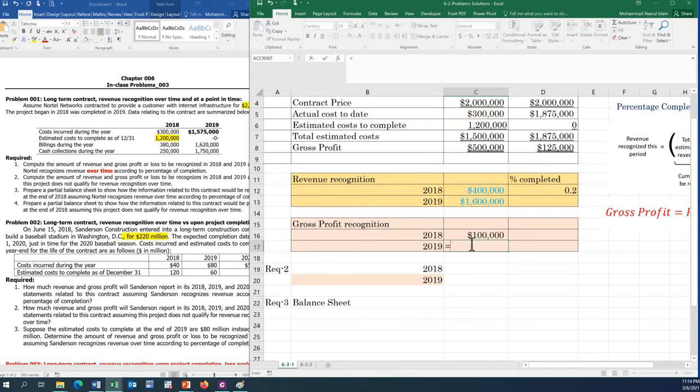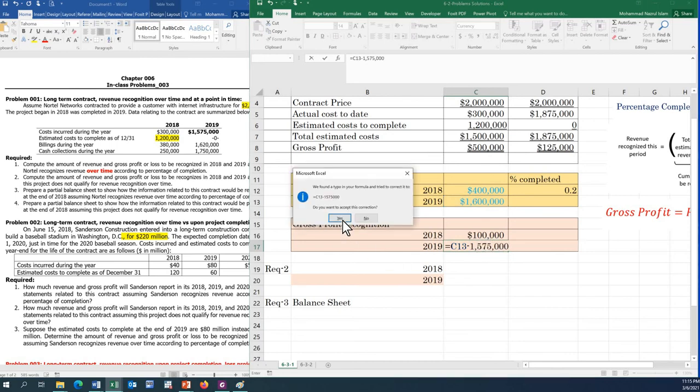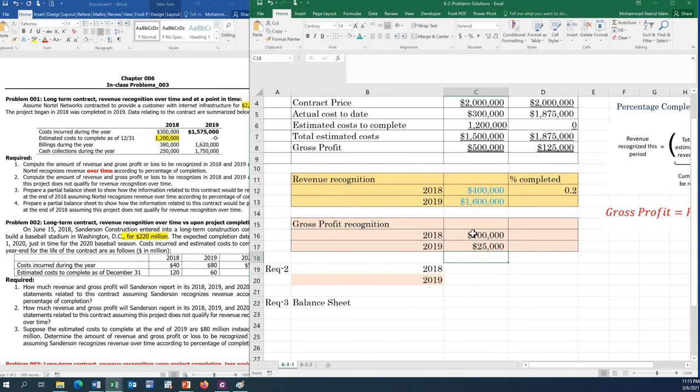And in 2019 it should be equal to this amount minus the cost of 1,575,000, because this is the amount of cost we have actually invested. We have spent 1,575,000 in 2019.